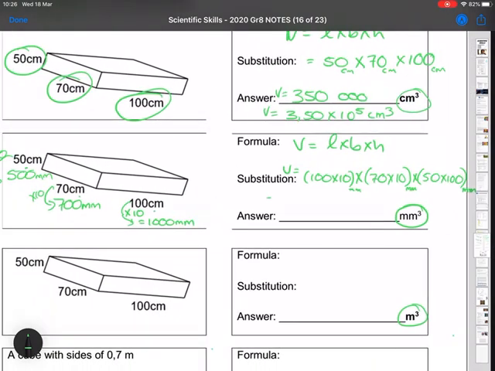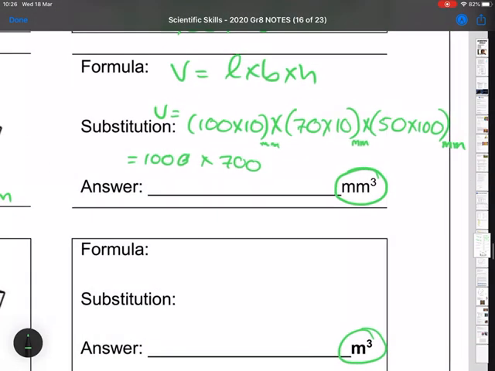Okay, so what have we got? Sorry guys, we don't have 100, we've got 1,000 times by 700 times by 500, and that gives us an answer of, sure, it's a really big value, 3,5 times 10 to the 9 if you're working in scientific notation.